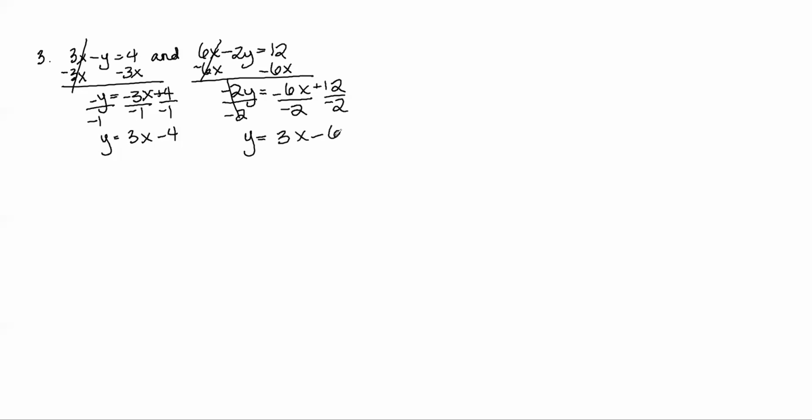So if there's one thing you should notice about these lines, it's that the slope is exactly the same. And if you think back to what we talked about in chapter 3, that means something specific for these lines. So try to remember what that means. We have a different y-intercept. So let's go ahead and graph both of these.